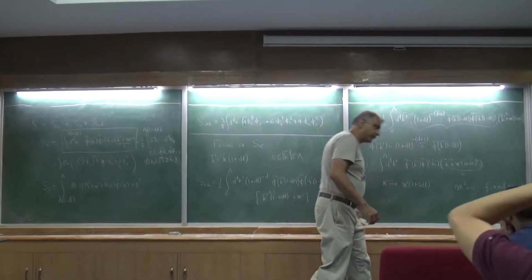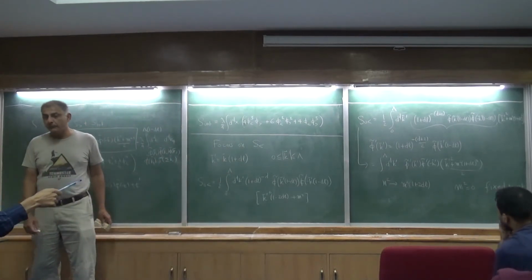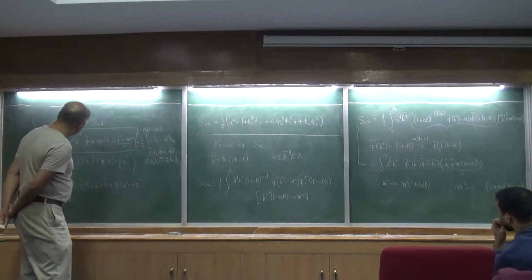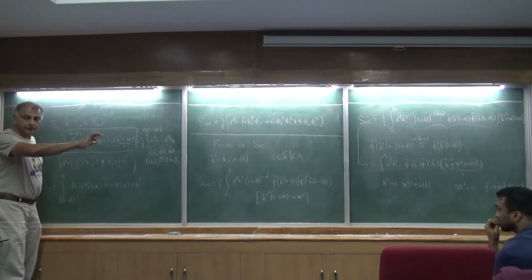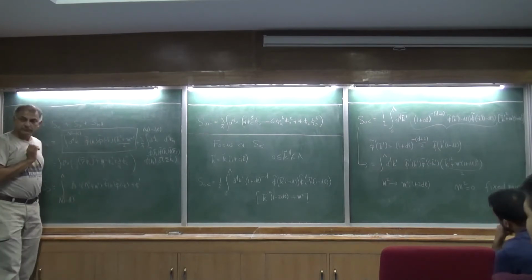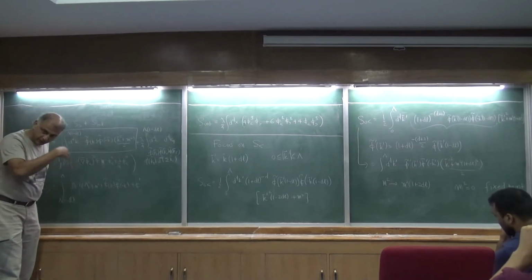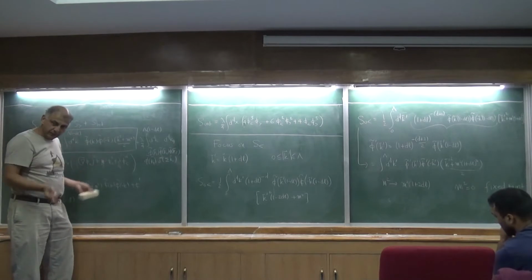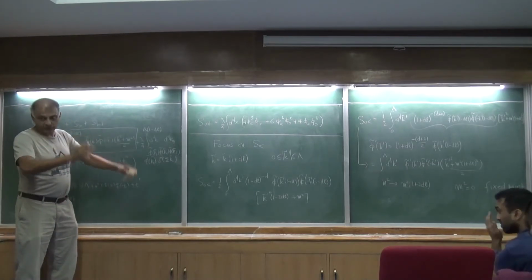Now let's go a little bit further. To make it similar, this is modified as lambda to the power minus 1 minus t. The original theory, before I started doing Wilsonian RG, had just lambda. Remember? So I want to make it as similar as possible to that original theory. Every time I throw away some degrees of freedom, integrate some of them out, I will rescale it again to make it look as it was before.